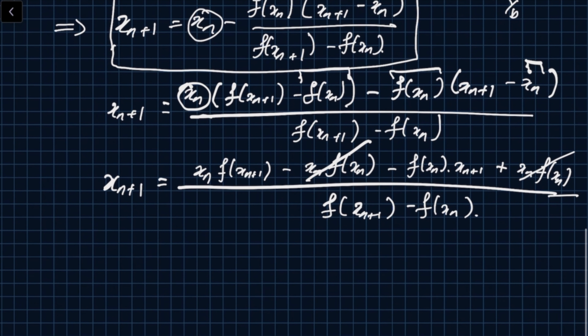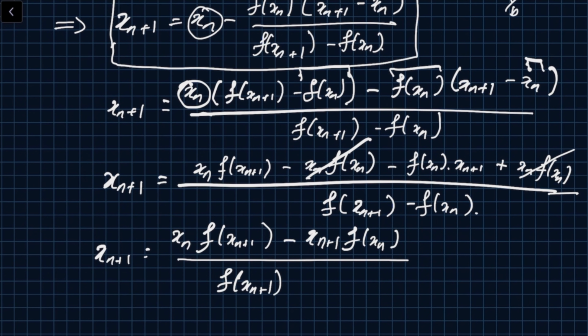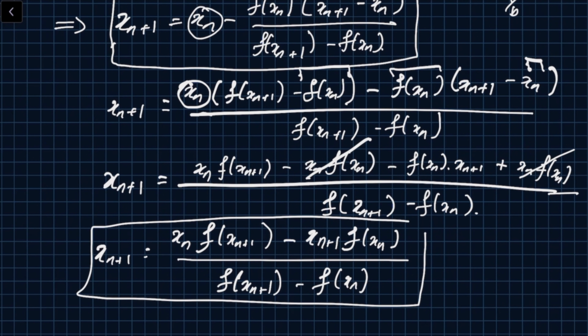So you might also find the following expression for secant. That is xn times f of xn plus 1 minus xn plus 1 times f of xn over f of xn plus 1 minus f of xn. And this form is what is known today as secant's method.